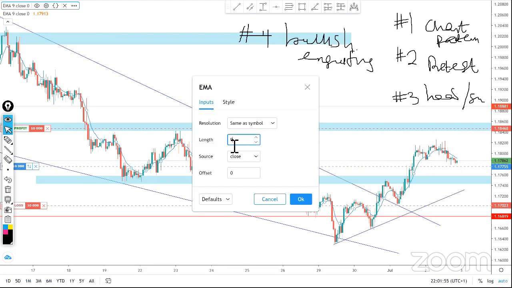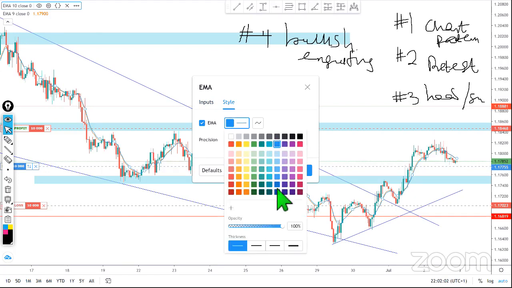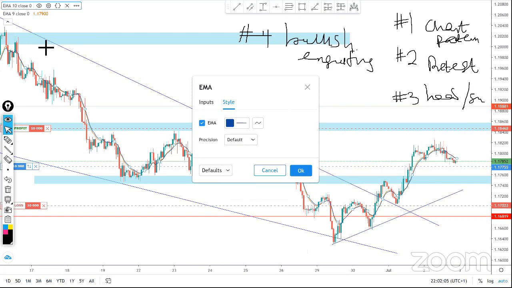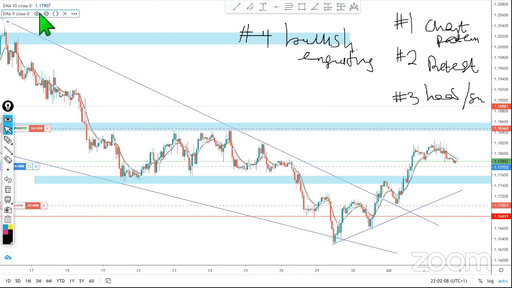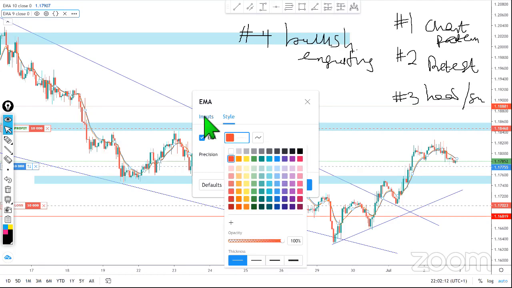I have this as a 10 moving average, and the color should be blue. And then the 20 EMA, I'm going to make this red, and the period will be 20.